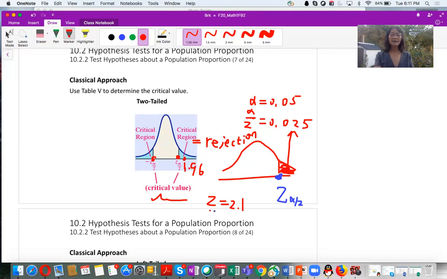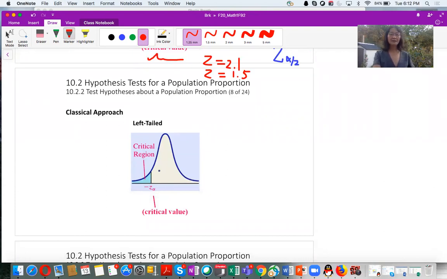On the other hand, if you have test statistic 1.5, 1.5 must be smaller than 1.96. So your test statistic is here. It is not in the rejection region, so you do not reject H0.